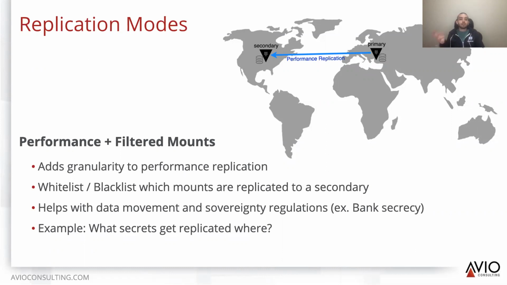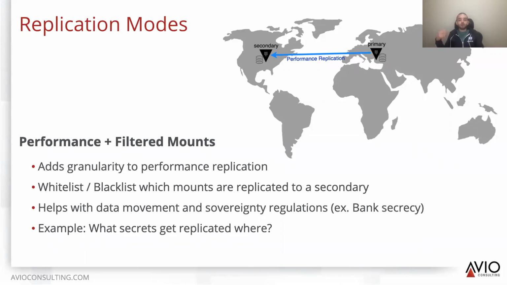Let's say we have two data centers, one with a primary cluster, let's say in Geneva, in Switzerland, where the banks are, the big banks, right? Let's call it data center one, and then one with a secondary cluster down here in Miami. Let's call it data center two.